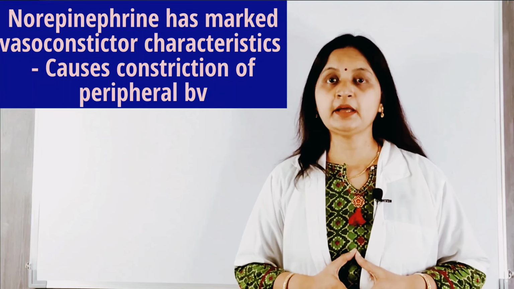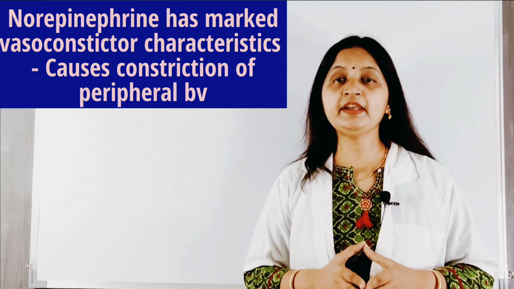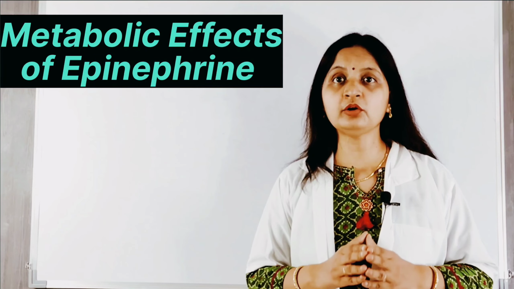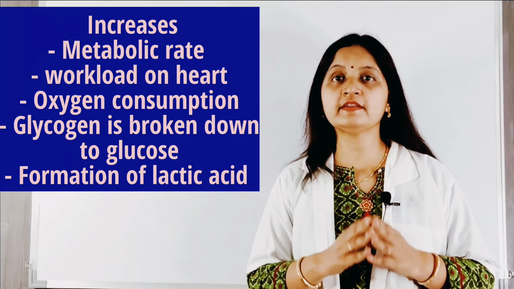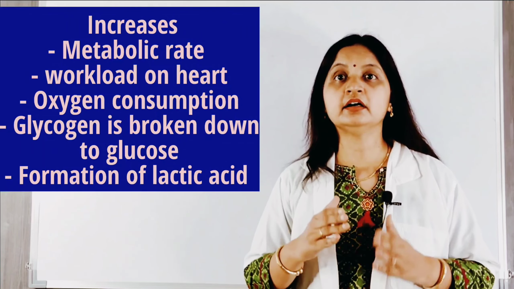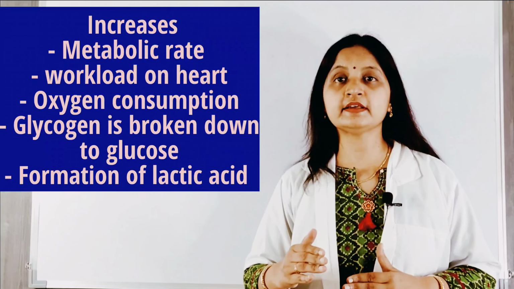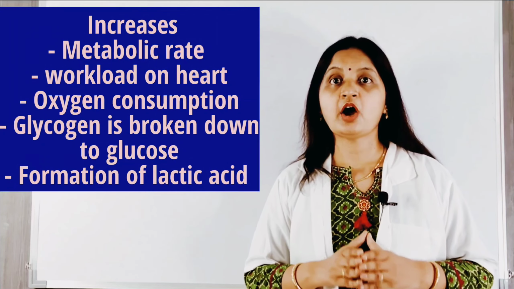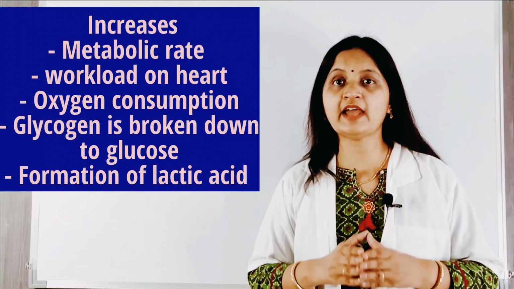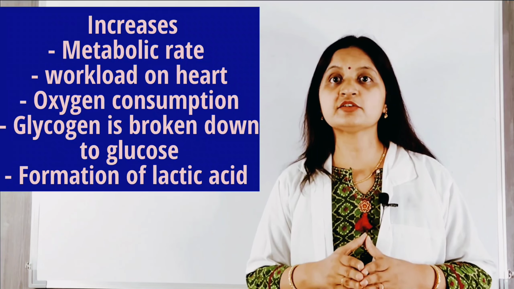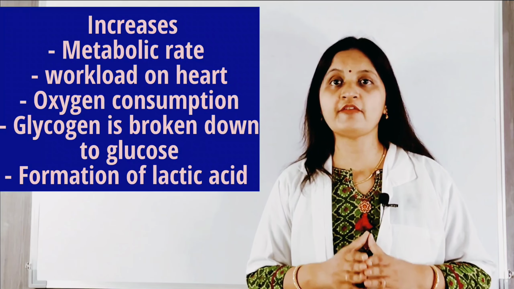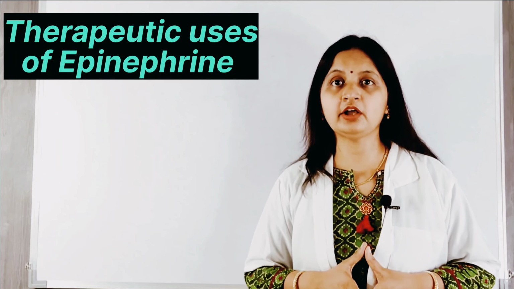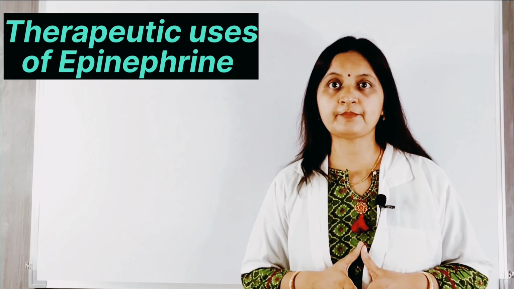So talking about the metabolic effects of epinephrine, epinephrine increases the metabolic rate, increasing the workload on the heart, the oxygen consumption increases, the glucose output increases, more glycogen is broken down to glucose, and also there is formation of lactic acid. So lactic acidosis can result from excess of epinephrine. But these metabolic effects are insignificant with norepinephrine use.